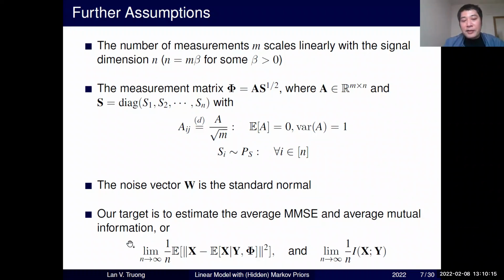We would like to estimate the average mean square error of our estimation, where this is the MMSE estimator. And we also would like to estimate the mutual information. The mutual information and the free energy of the model are related up to only a plus or minus some constant. So estimating mutual information or estimating free energy looks like the same thing.